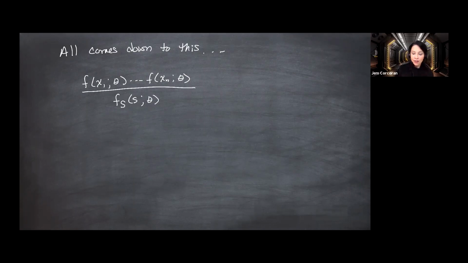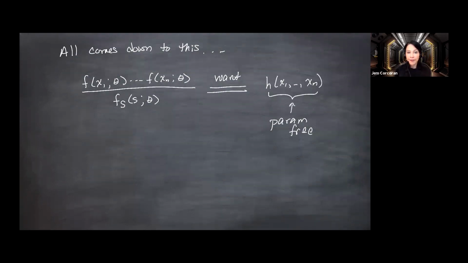And we want this to be parameter free. So it could be a function of the x's, let me call it h of x1 through xn, but the notation is suggesting no parameter.